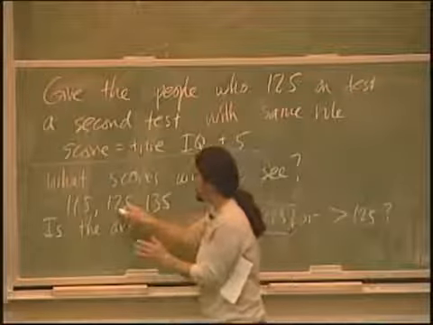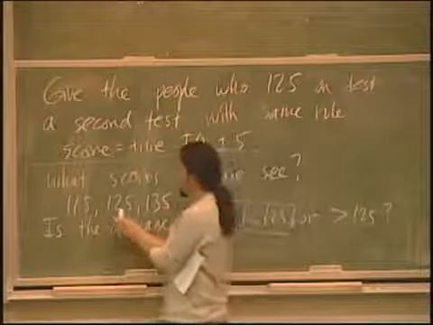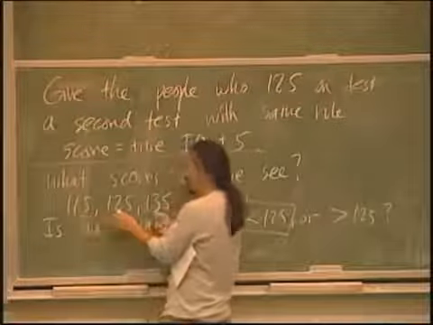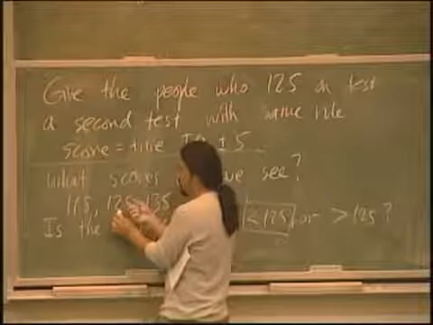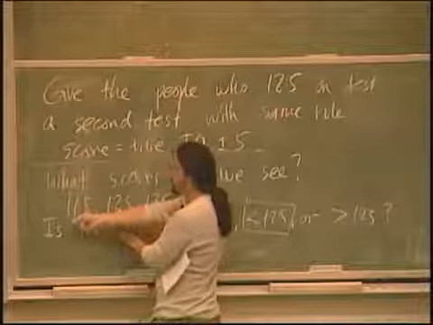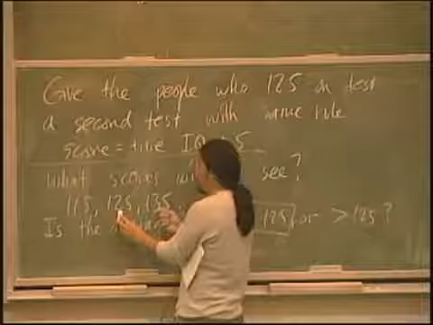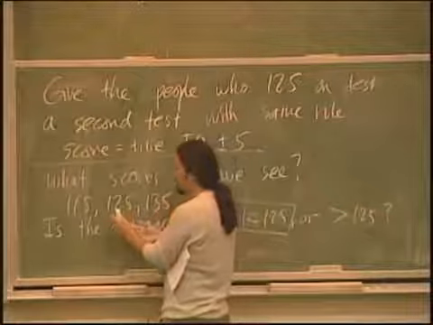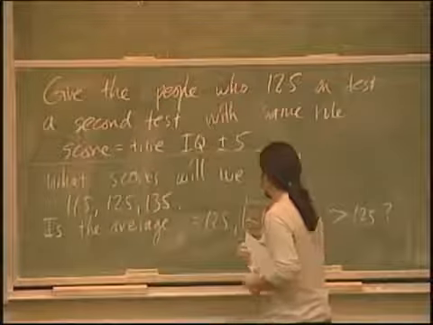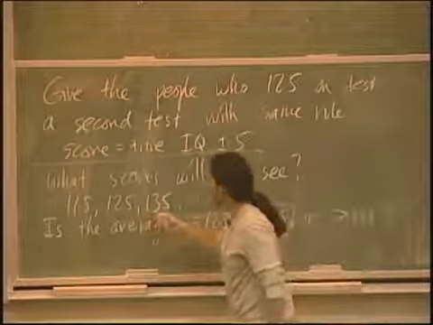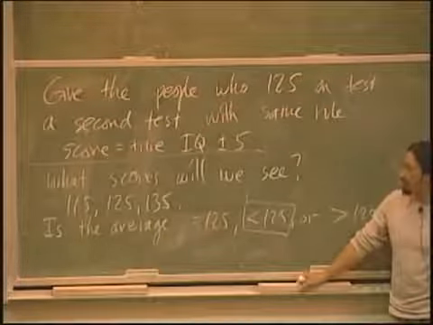So if you imagine sort of trying to balance at 125, it's not going to balance there because there are more 115s than 135s. Disregard the 125s for a second, but half of the people with true IQs of 120 got 115, half of the people with true IQs of 130 got 135. Since there are more 120 true IQs in general, there are more 115s than 135s, so the average overall should be less than 125.